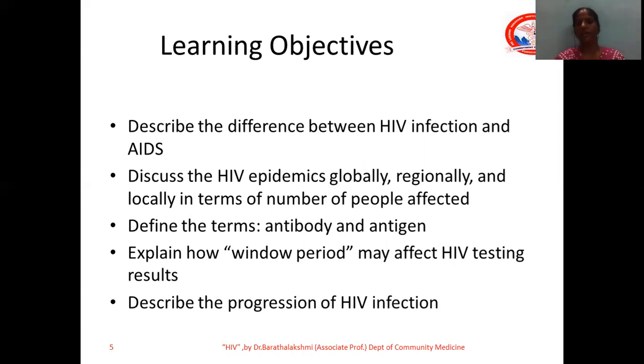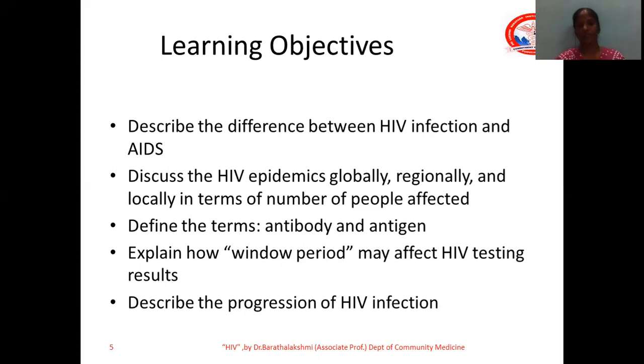And suppose within this window period, a person is willing to go for blood transfusion or wants to donate blood, and the person will be screened for diseases like malaria, VDRL, and hepatitis B. When they go for lab testing for screening HIV, he or she may give a negative report that is fit for donating blood.